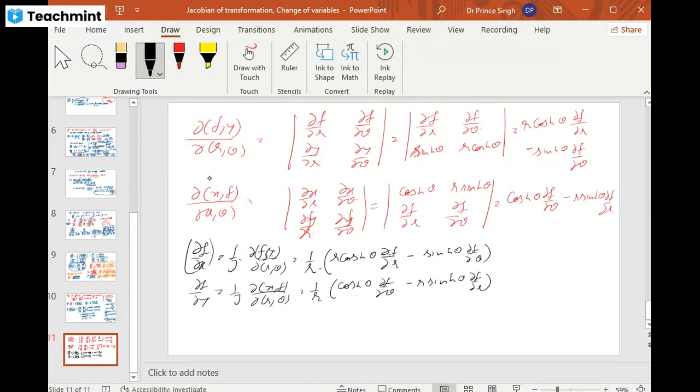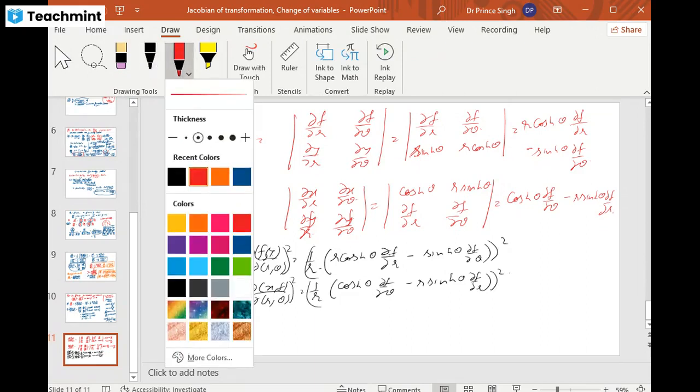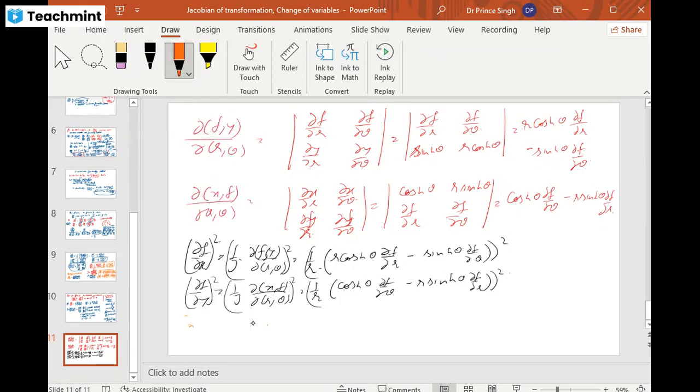So we square this one and we subtract. It means (∂f/∂x)² minus (∂f/∂y)².